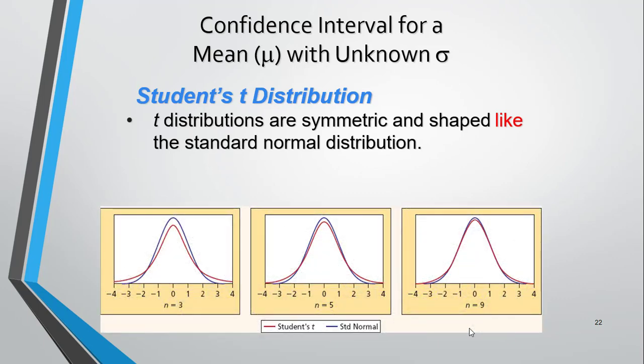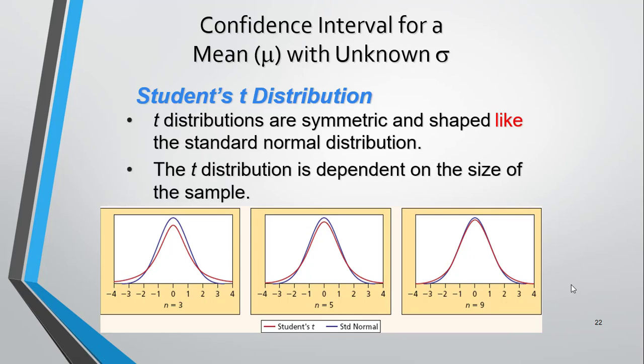T distributions are symmetric and shaped like the standard normal distribution, quite similar. The red line here is student t distribution, and the blue is standard normal. You can see they're quite close, especially when sample size is large. The t distribution depends on the size of the sample.